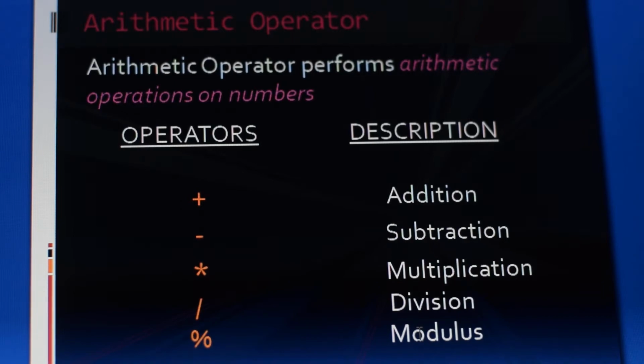If you divide two numbers, for example 5 divided by 2, the quotient will be 2 and the remainder will be 1. So slash will take the quotient part while the modulus will take the remainder part.